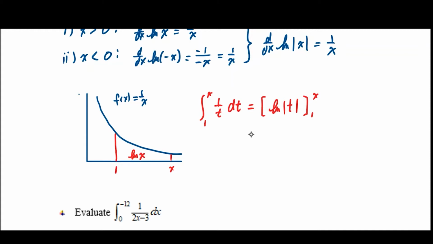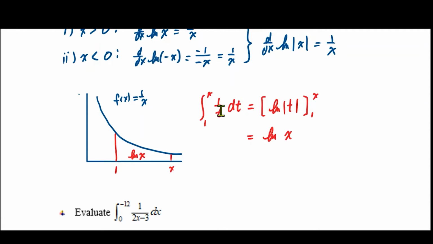Say yes. And that is, of course, ln x, x being positive at the moment, minus ln 1. What is ln 1? Oh my God, what is ln 1, people? 0. There. You get it?